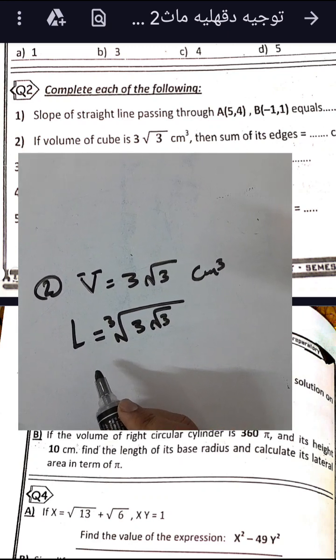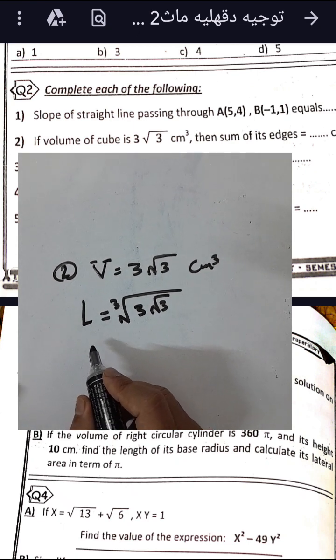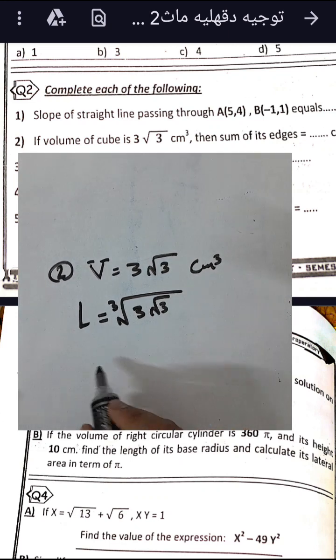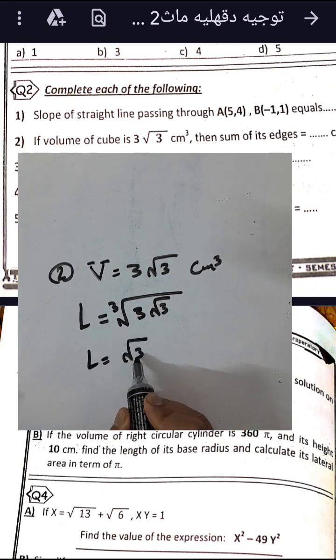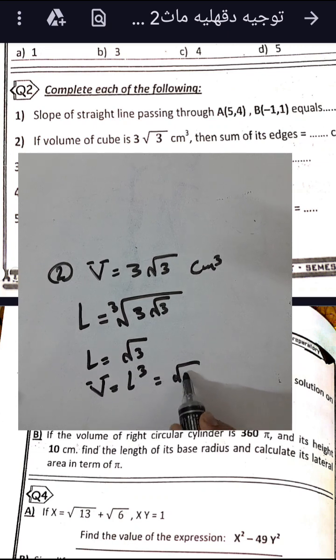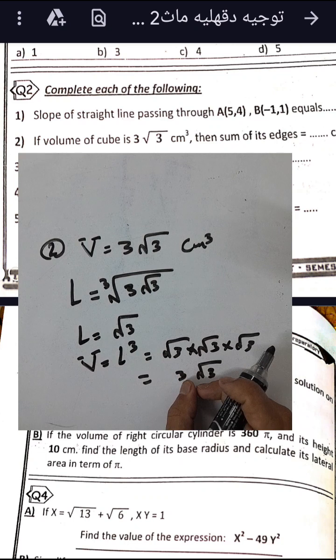The length, because he gives us the volume 3 root 3. We know the length equals root 3, because the volume equals length cubed. It will be root 3 times root 3 times root 3. Then the result will be 3 root 3, because root 3 times root 3 equals 3.